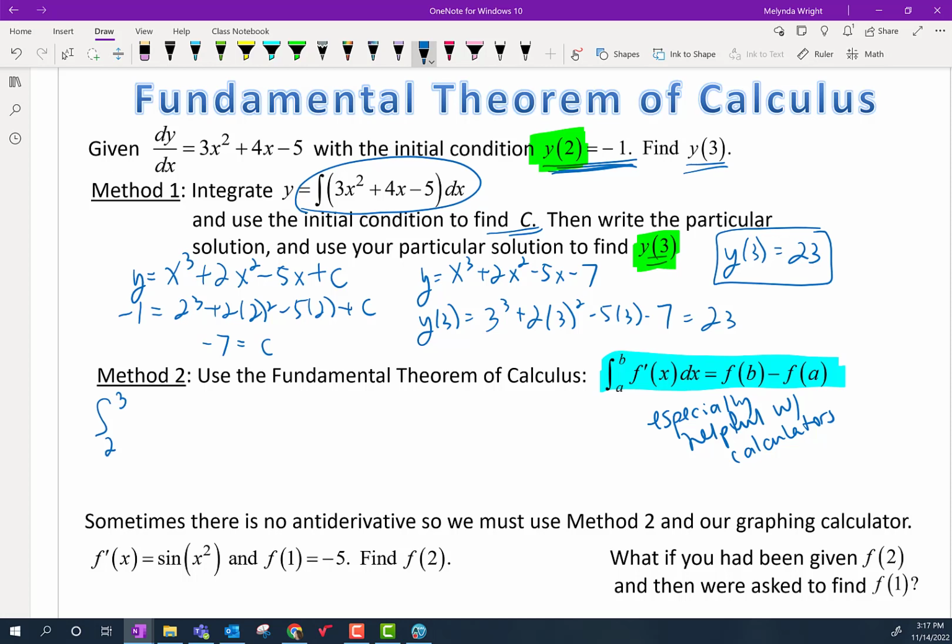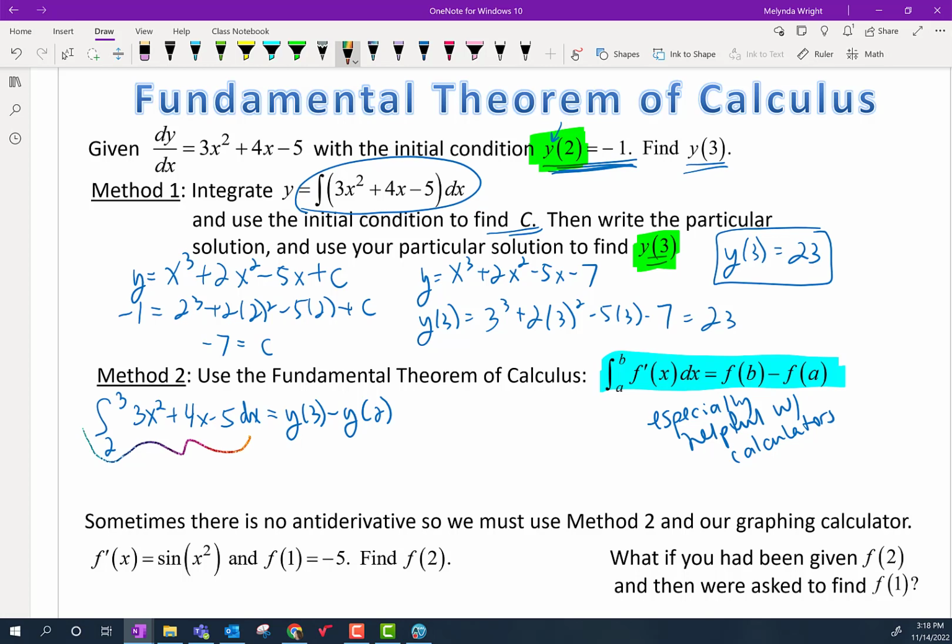And so we are going to do the integral of 3x squared plus 4x minus 5 dx, and that's going to equal, actually they're calling it a y, so y of 3 minus y of 2. So that's the setup. What we'll do is take this section right here and find out what that value is, either by a calculator or by hand, whichever way we have available to us.